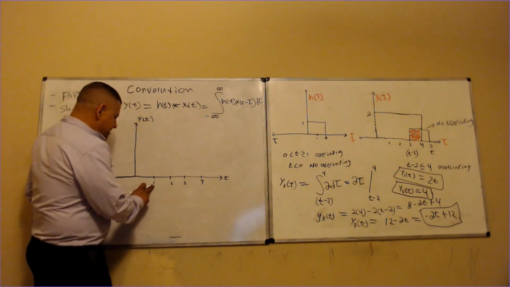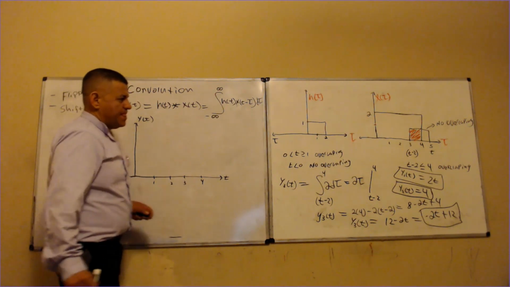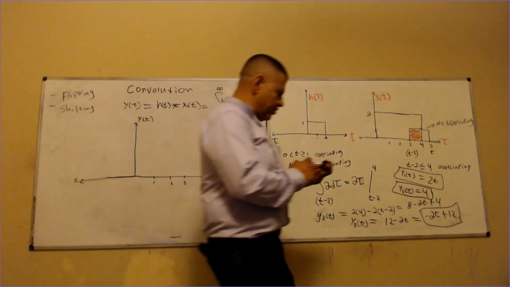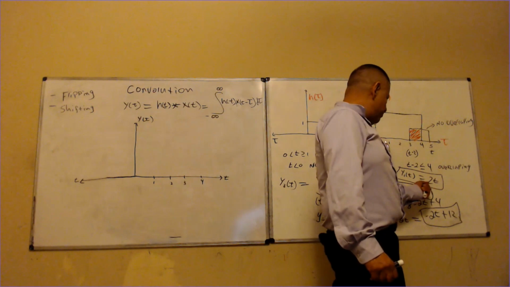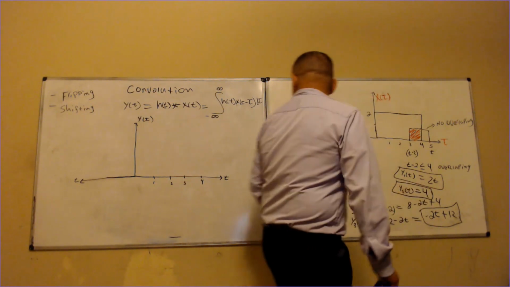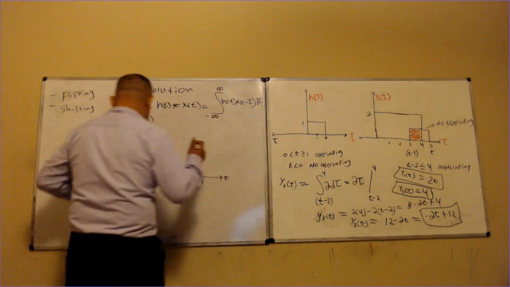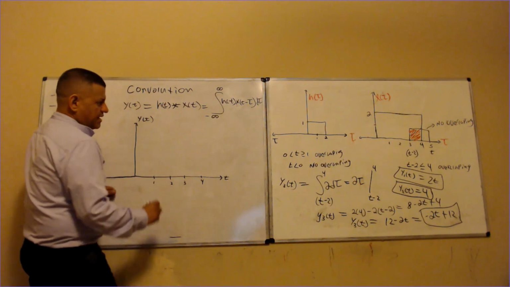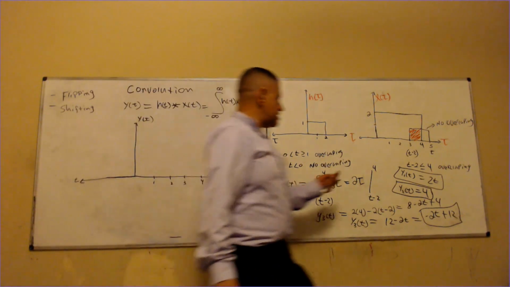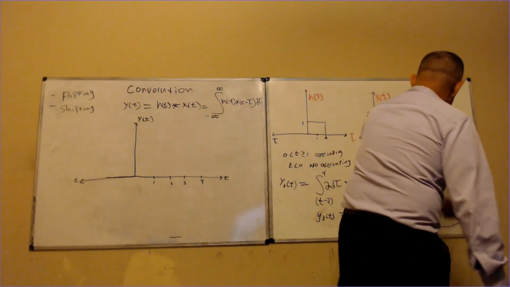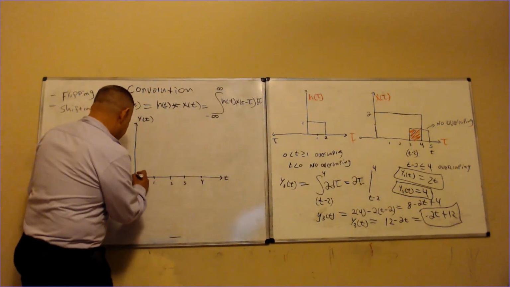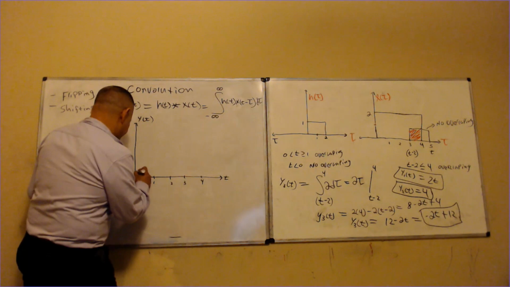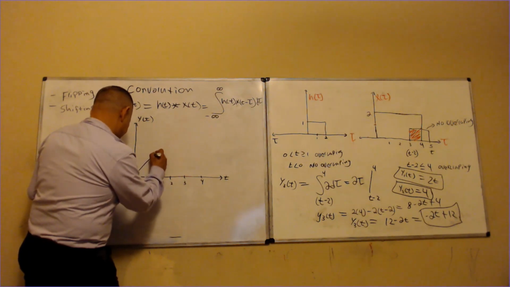Okay, so t is equal to 1. Let's say, for example, if t is 1, you plot t is equal to 1, right? So then this is going to be equal to simply 2. But in this case, it's a positive value like that, right?